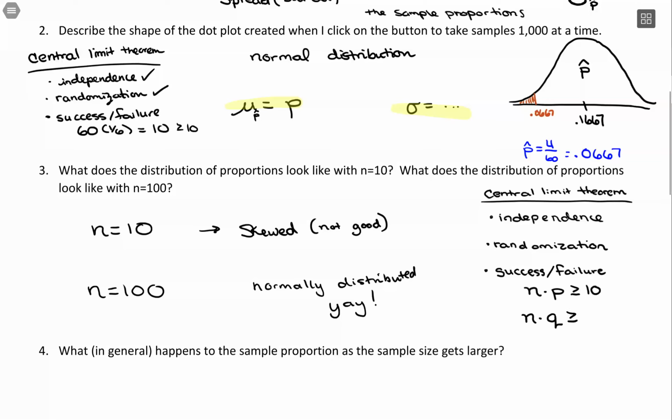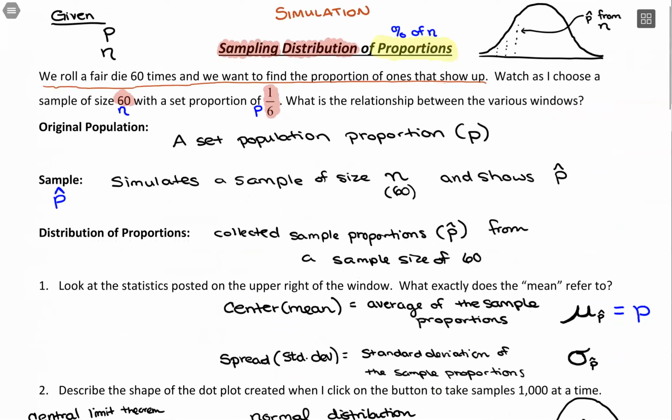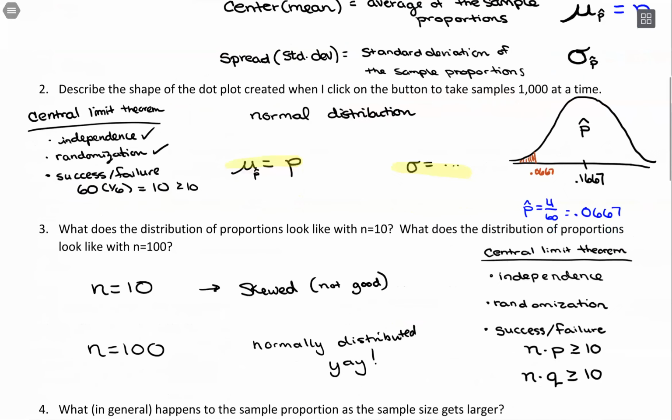So we'd want to make sure that that is also more than or equal to 10. Just keep in mind that q is just 1 minus that probability of success. So for us, it would be 1 minus 1/6. This would be essentially taking 60 times 5 out of 6, which would be 50, which is also more than or equal to 10.